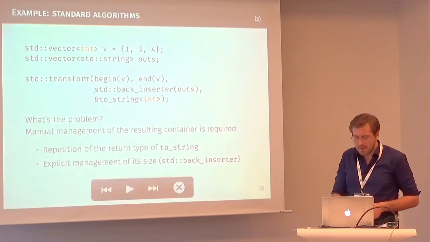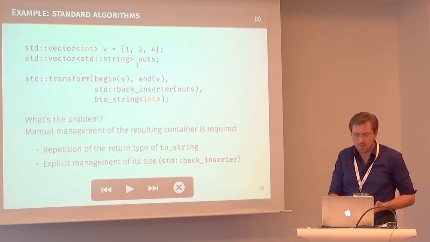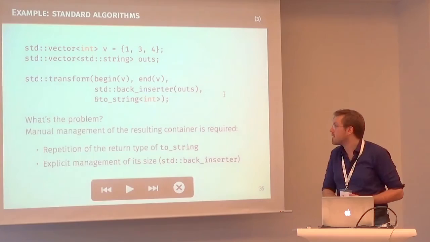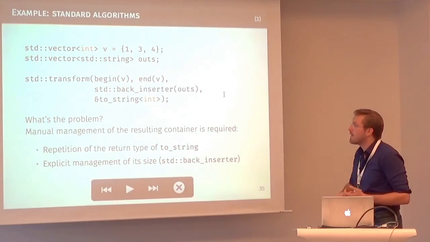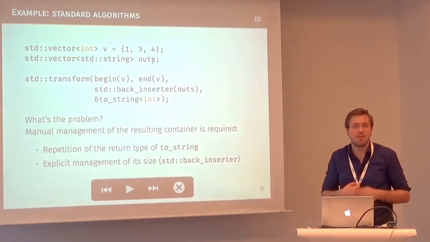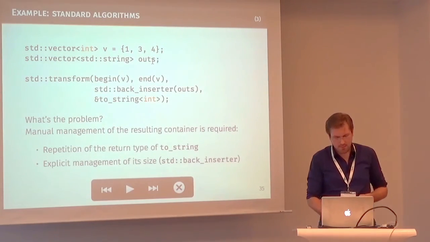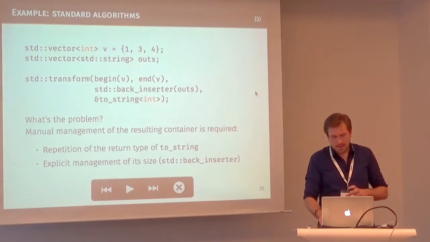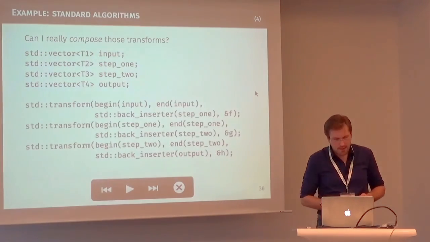And I have to manually manage the size of the result container, or in this way with back_inserter, which by the way is awesome, or resizing the container before. It's clear that something is missing, okay?